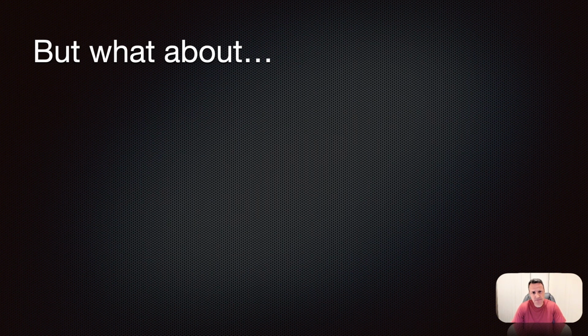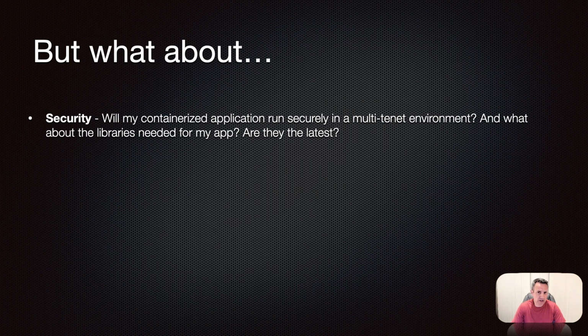However, what about security? This is often overlooked by developers and development teams, especially when it comes to multi-tenant environments where you're going to have more than one application running, and you need to make sure that one application can't affect the other.